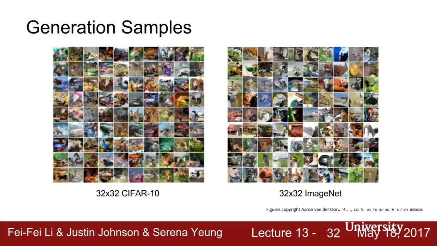On the right here it's ImageNet. We can again see samples from here. These are starting to look like natural images, but there's still room for improvement. There are differences, obviously, with original training images, and some of the semantics are not clear in here.